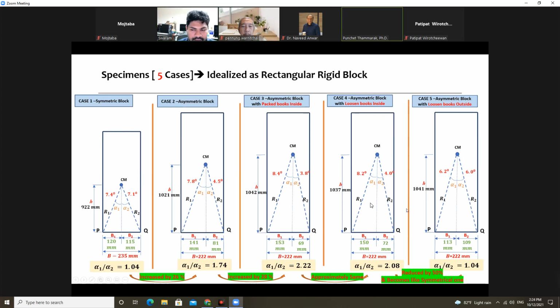One second. The determined center of mass here is from the numerical calculation, right? Yes, I calculate by hand. Okay, hand calculation. We had to find B1, B2, alpha 1, alpha 2.